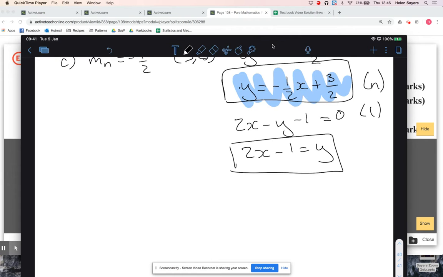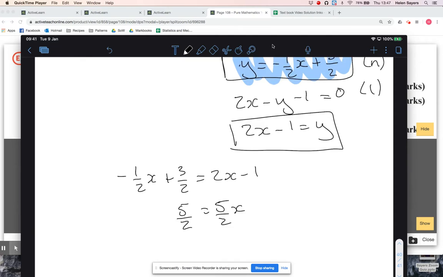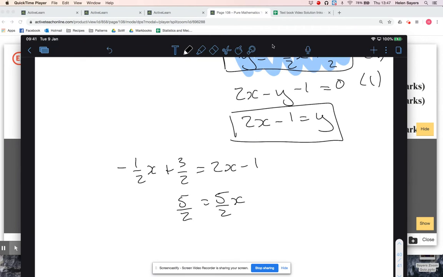If I just make them equal to each other, I've got minus a half x plus 3 over 2 equals 2x minus 1. I'm going to add the 1 over to the left-hand side and the half x over to the right-hand side. If I then divide through by 5 over 2, I get x is 1.